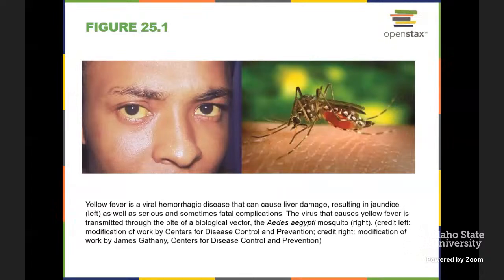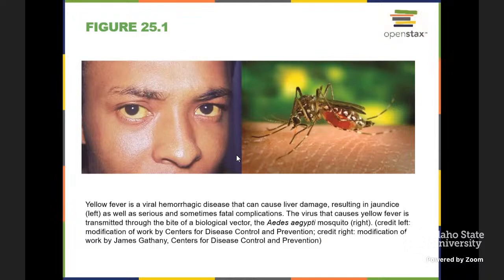So, every time I start this chapter and see this first image without looking at the words, the first thing that pops into my mind is malaria because I see a big fat mosquito full of blood. That's not what we're looking at here, although we could be. So yellow fever, this is a viral hemorrhagic, so blood viral infection.